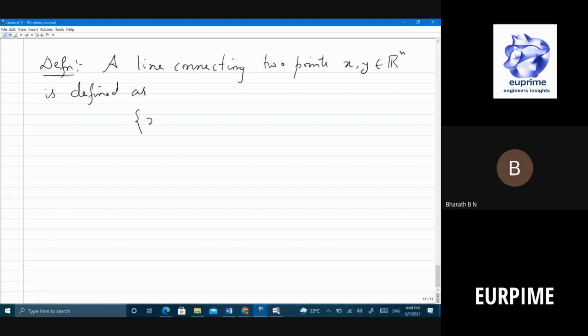It is all those points lambda x plus 1 minus lambda y such that I vary lambda, right? So lambda belongs to [0, 1]. So this gives me the line, okay? And this defines all the points on the line.